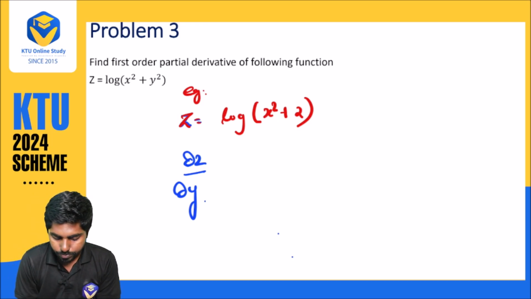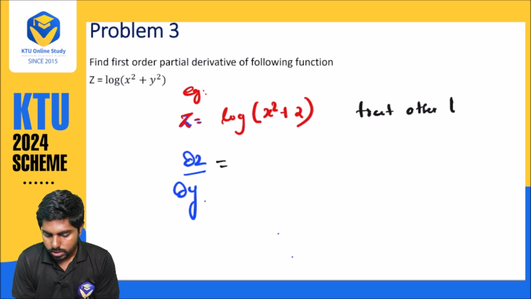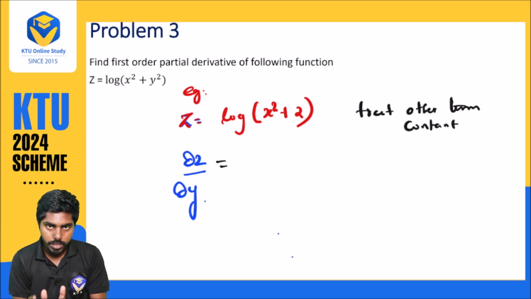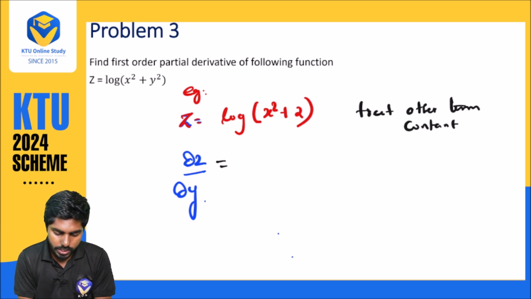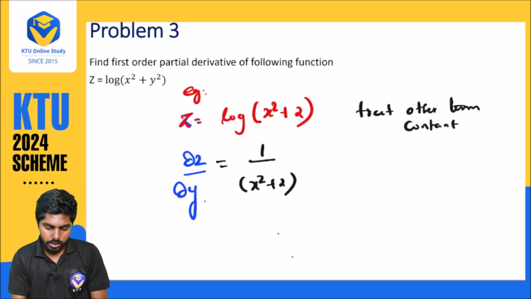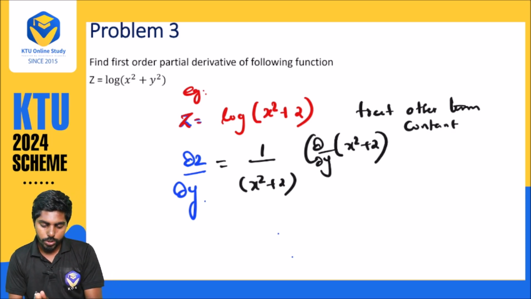That means treating the other terms as constants. First I take the outside of the bracket. The differentiation of log is 1 divided by x square plus 2, the inside of the bracket. Now see dou by dou y of x square plus 2.